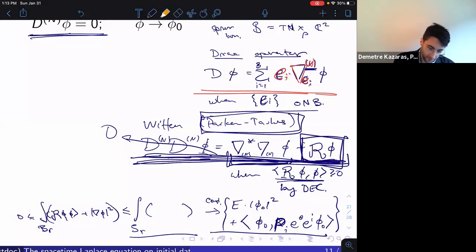And you obtain, oh, by the way, the spinor that you want to find, the harmonic spinor, should be asymptotic to a constant spinor, just like we are finding functions which are asymptotic to a coordinate function. Okay, so on the boundary term, on one hand, you get the energy of the initial data set, and then you get a portion of the momentum, which depends on the phi naught that you chose.